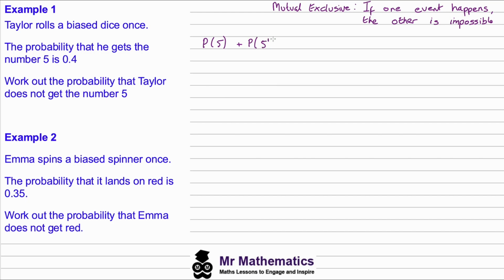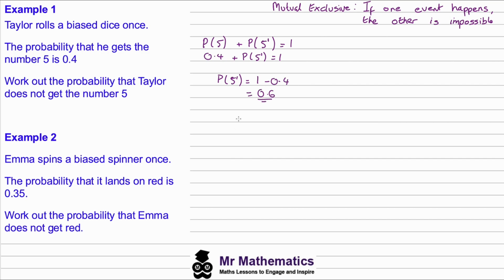This dash means not 5. And because one of these two things must happen, they add together to make 1, and this 1 means certain. So we're told that the probability of getting the 5 is 0.4, so plus the probability of not 5 must make 1. So a probability of not getting the 5 would be 1 take away the 0.4. So this will be 0.6.